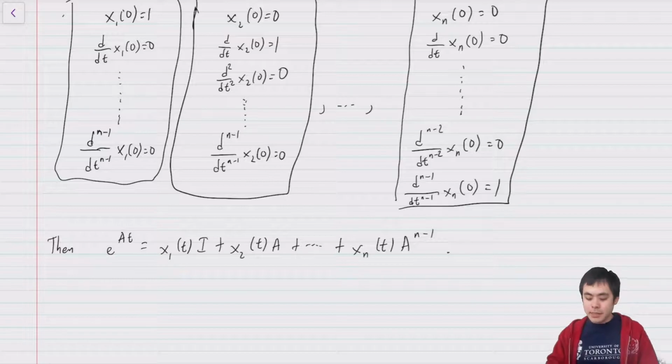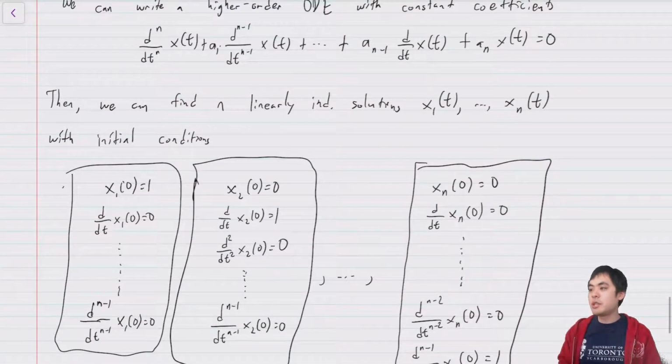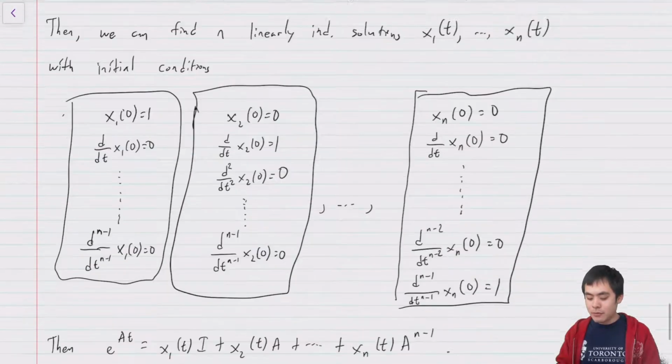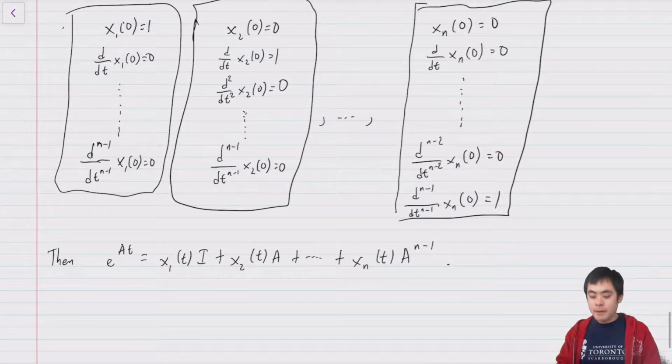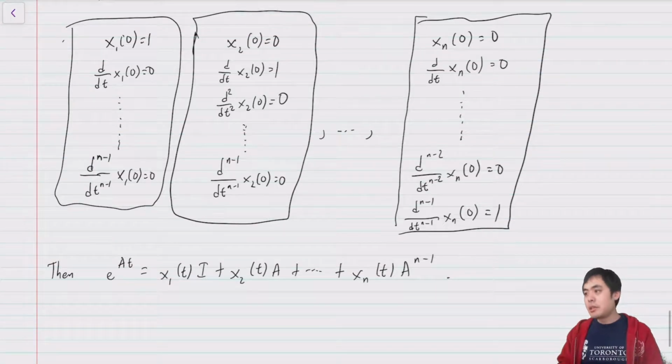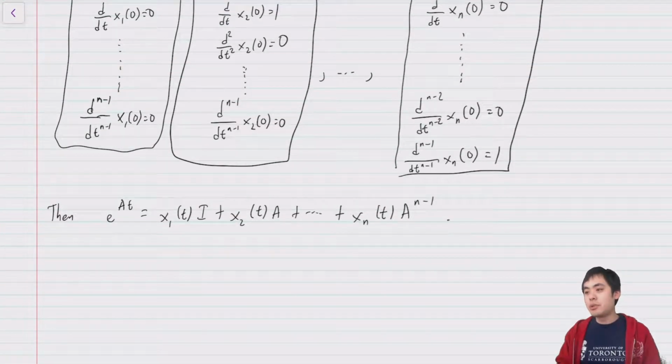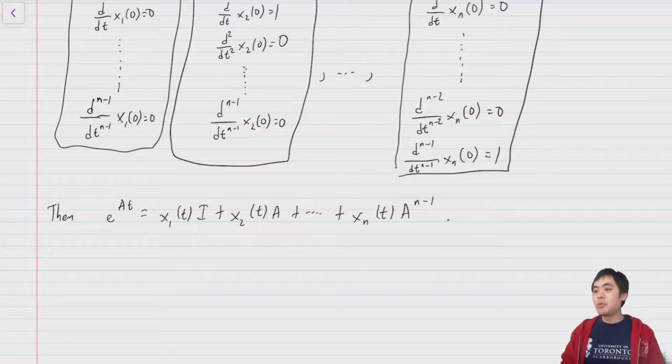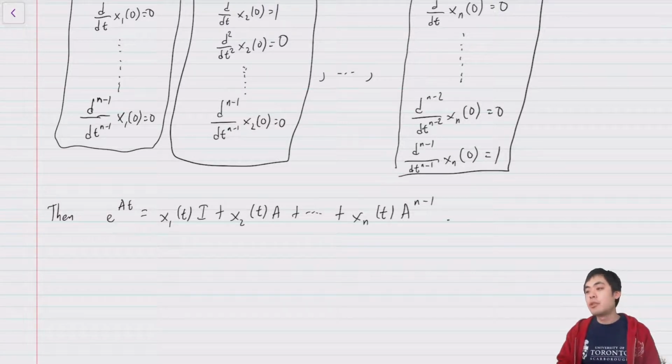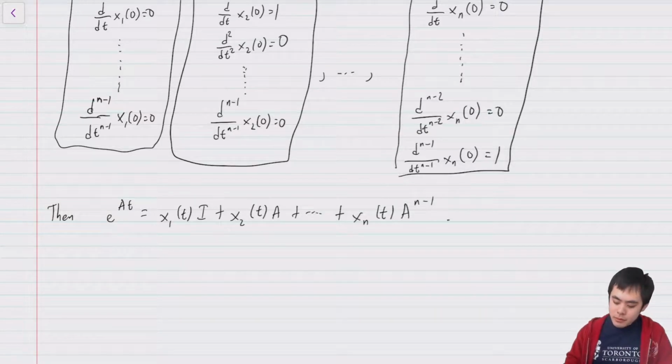So by solving a higher order ODE and finding all these linearly independent solutions with different initial conditions, you can also get the exponential of At. And of course, if you set t equal to 1, then you can compute e to the A. Or often for differential equations, what you care about is actually e to the At.